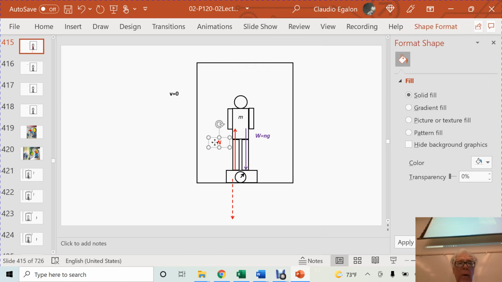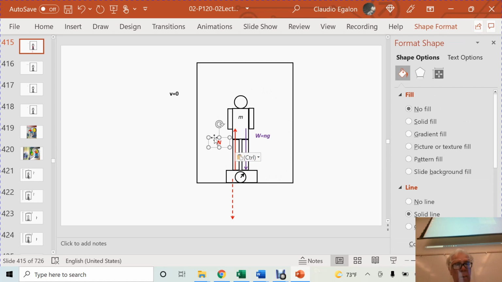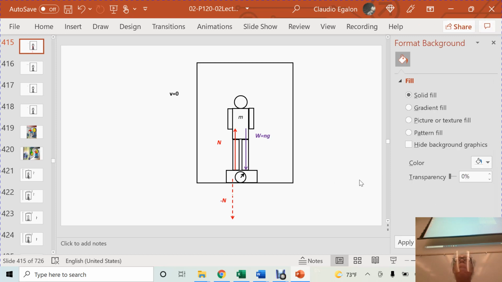I'm going to write that down: minus N, right in here. So what the scale registers here is the normal force. That's the little secret that you have to know. And now that you know that, we can do the other fun things that come along with this problem.